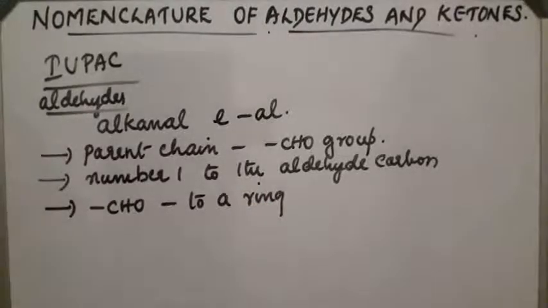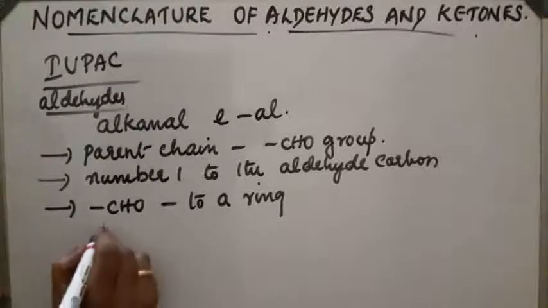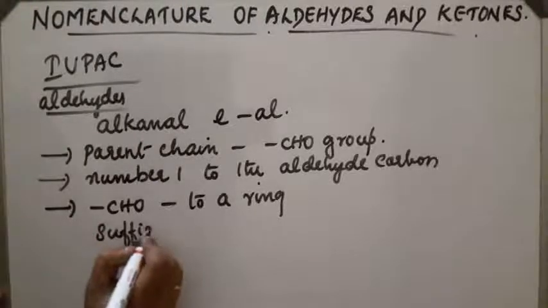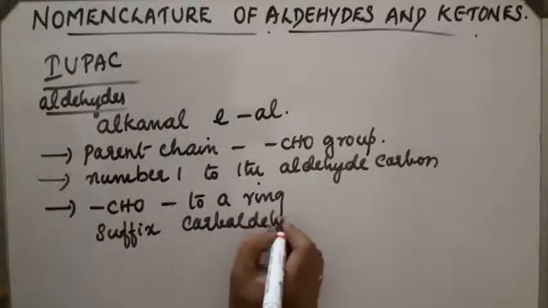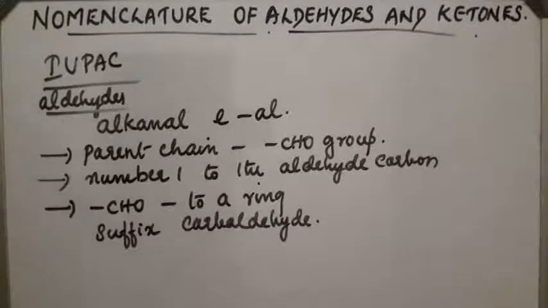The suffix we use is carbaldehyde. First we write the name of the cycloalkane, then use the suffix carbaldehyde. Numbering must be done starting from the carbon attached to the CHO group.